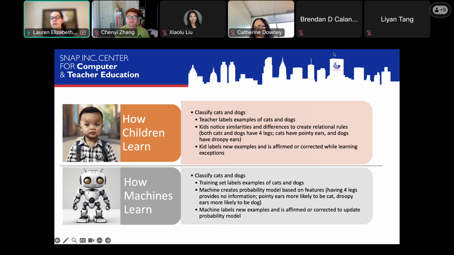Having four legs would not provide a lot of information about distinguishing between the two, so that's not going to be heavily weighted in the probability model. But pointy ears are more likely to be a cat and droopy ears more likely to be a dog, so that's probably going to be more highly weighted. And then the machine learns new examples and is affirmed or corrected to update that probability model.